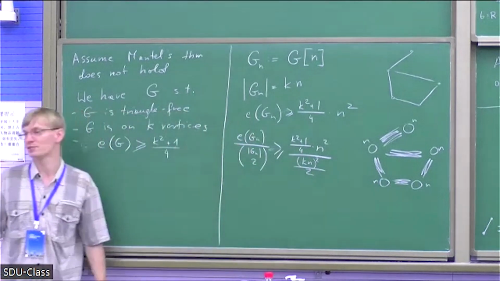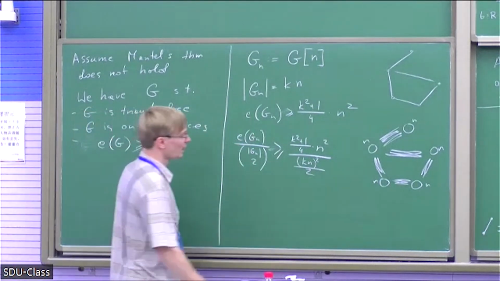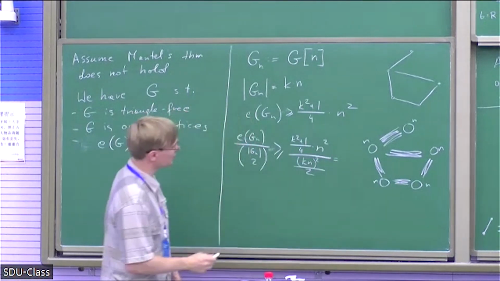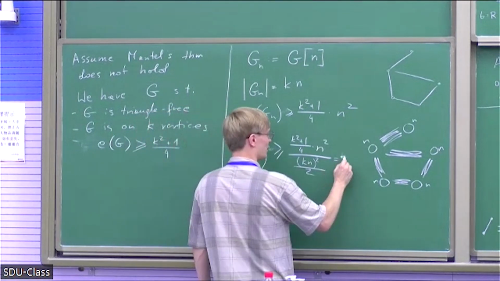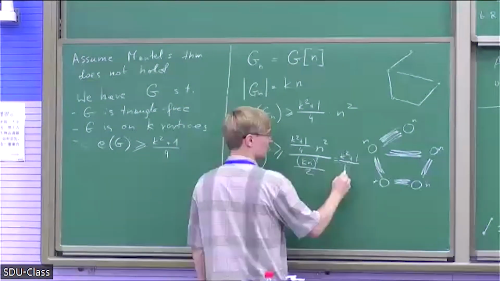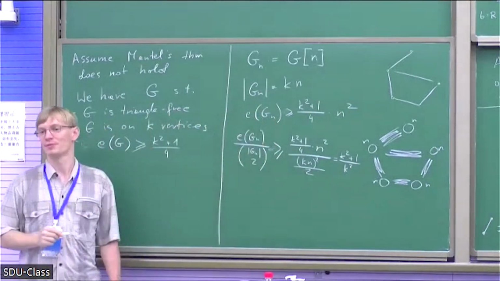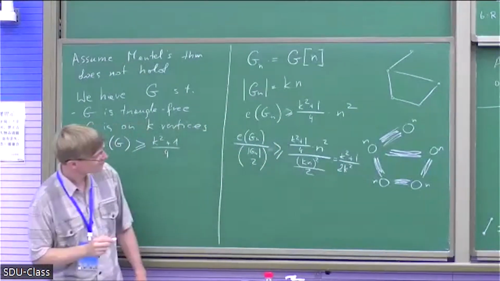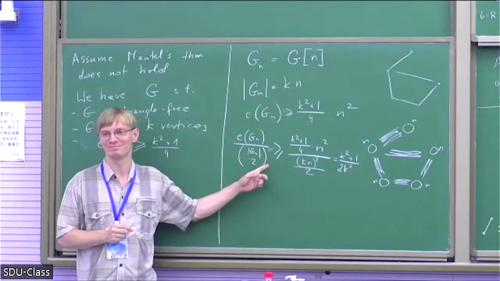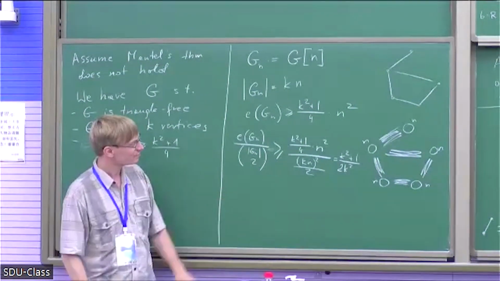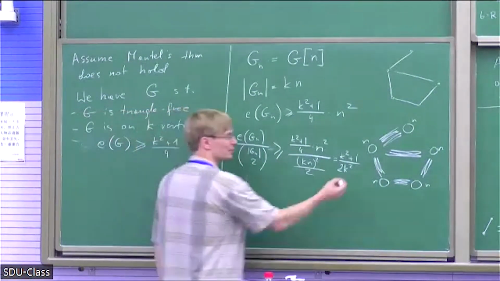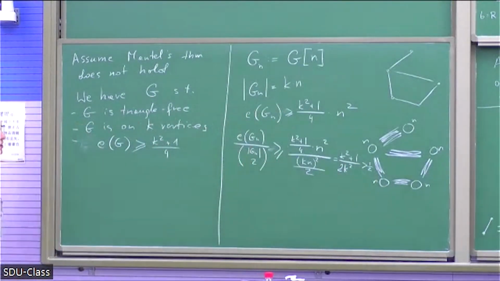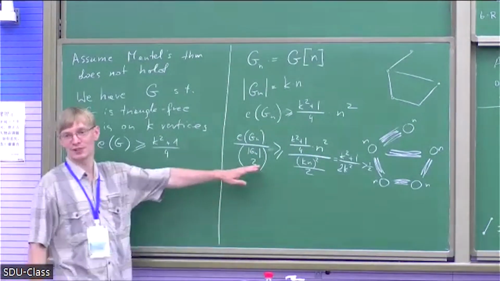So I can write it like this. Okay, and now n squared will disappear, and I will obtain here (k squared plus 1)/(2k squared). You agree? I missed something, the 2. Now it's fine? Okay, in particular, this is strictly bigger than half. Okay, I have a sequence of counterexamples.